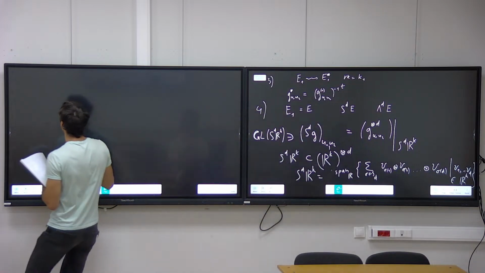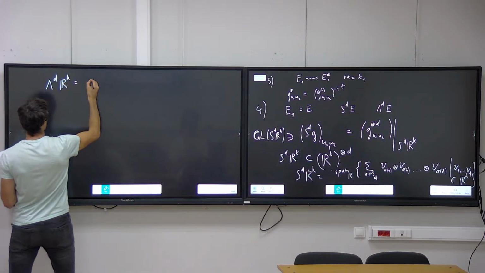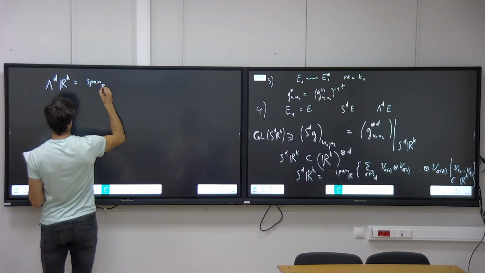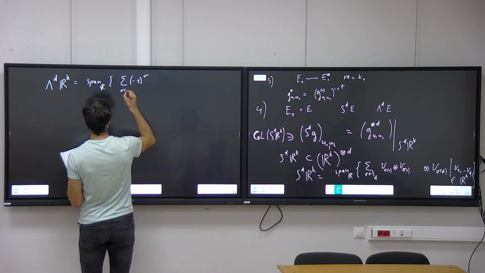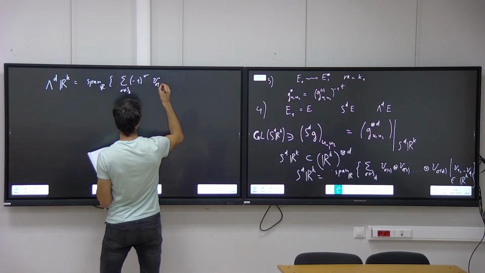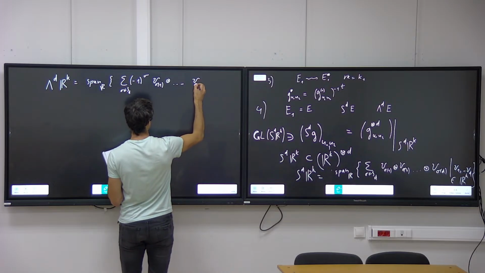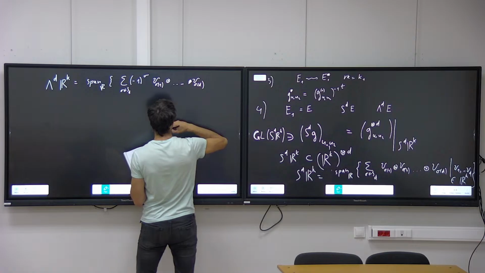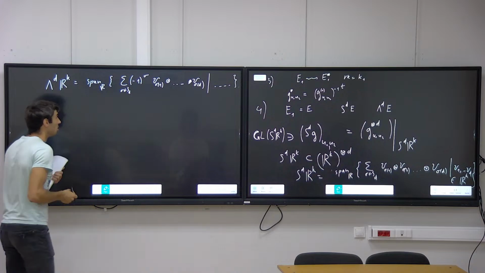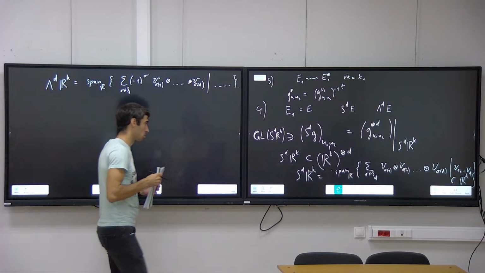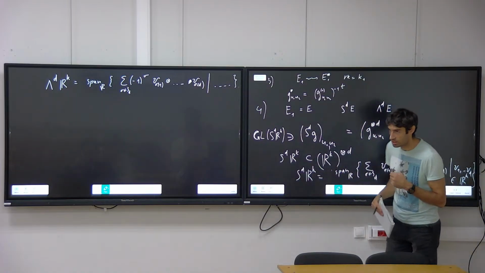So I just take lambda d R^k, the span over R of such things, sigma from S_d, v_sigma(1) ... v_sigma(d), and here it's the same. And then I also can restrict to lambda d R^k.